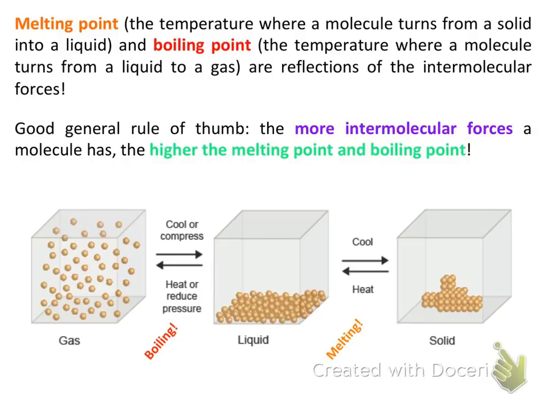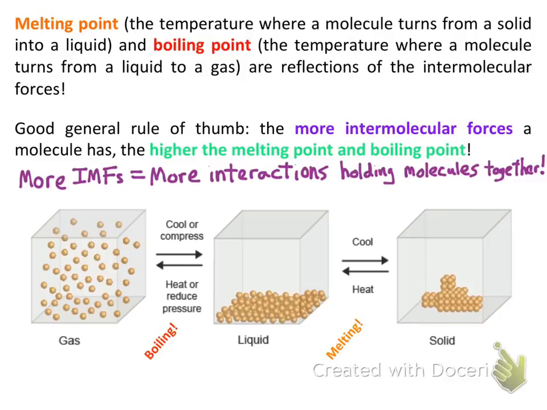As it turns out, the melting point and boiling points of substances are actually pretty good reflections of their intermolecular forces. The more intermolecular forces something has holding it together, the more energy in the form of heat it's going to take to turn it from a solid to a liquid or a liquid to a gas. So more IMFs means more interactions holding molecules together.